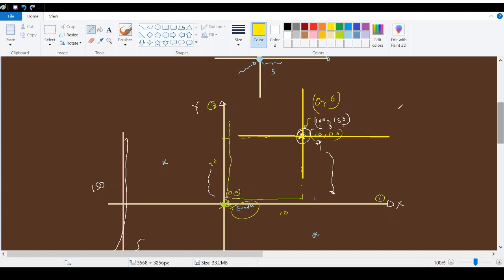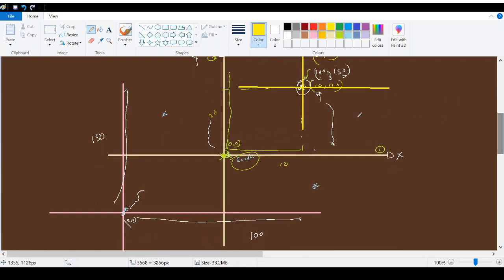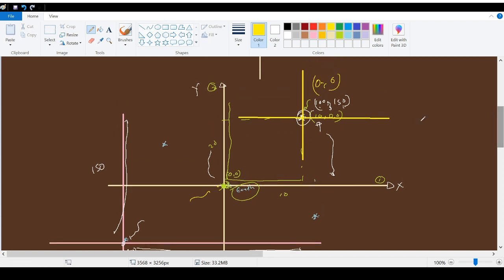So the main idea you have to extract from this explanation is that the choice of the origin in the Cartesian coordinate system is totally up to us. We can define wherever we need as the origin, and with respect to that origin we mention the position of the other objects.